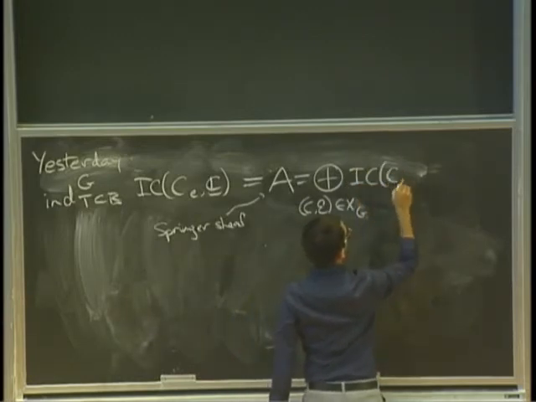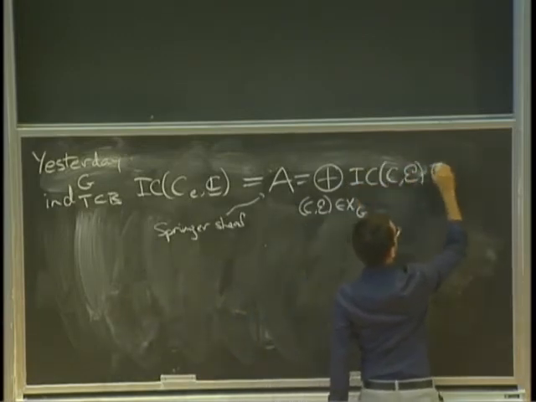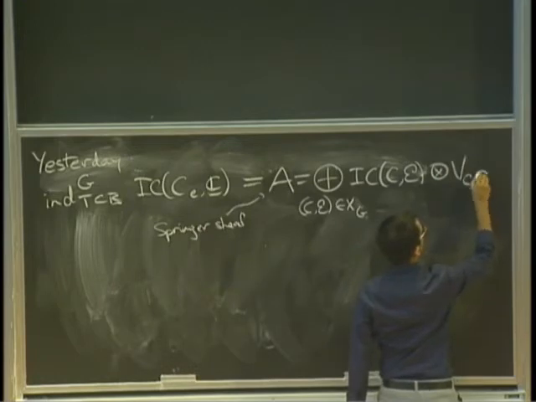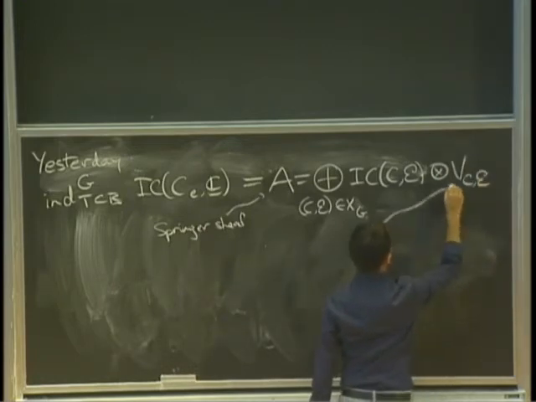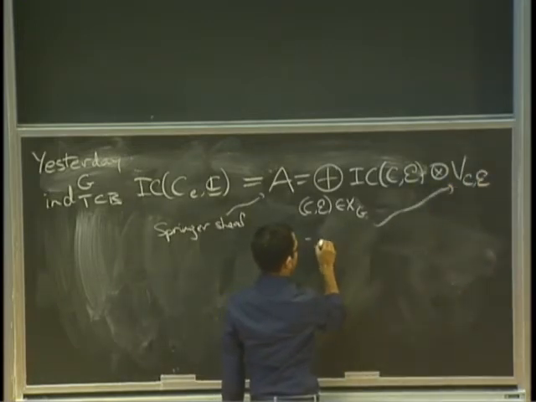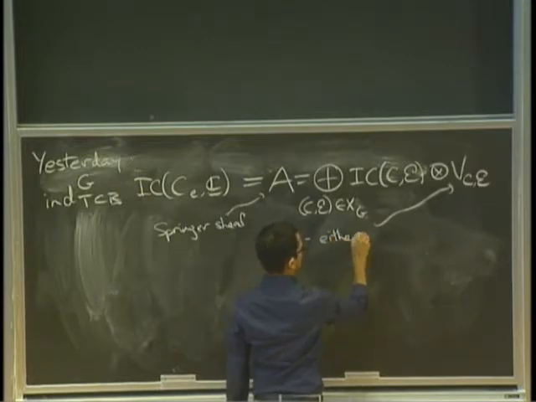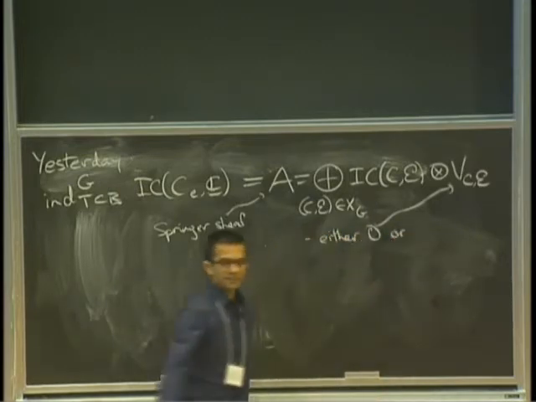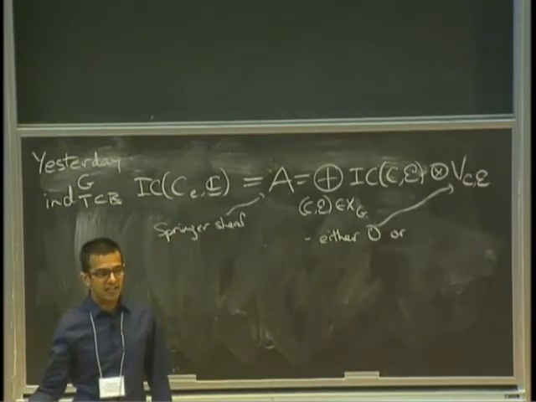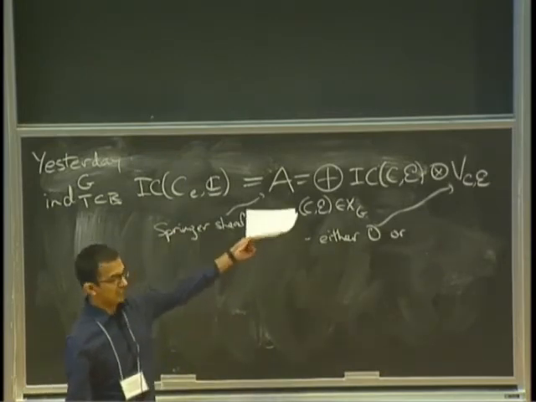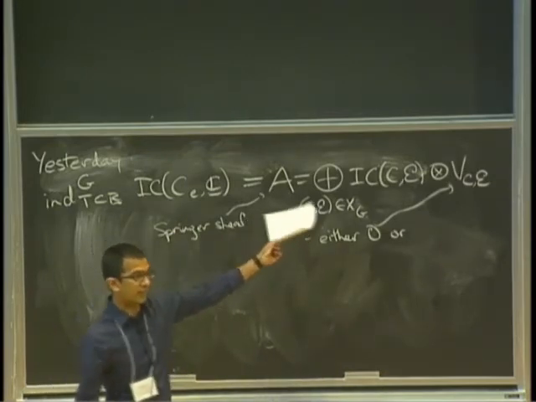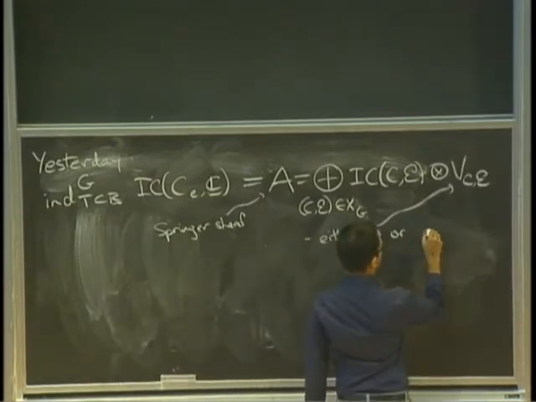So you take IC tensored with some multiplicity space. And these multiplicity spaces are either 0, or if they're not 0, they carry a natural action of the Weyl group, and the ones that are not 0 are irreducible W representations.